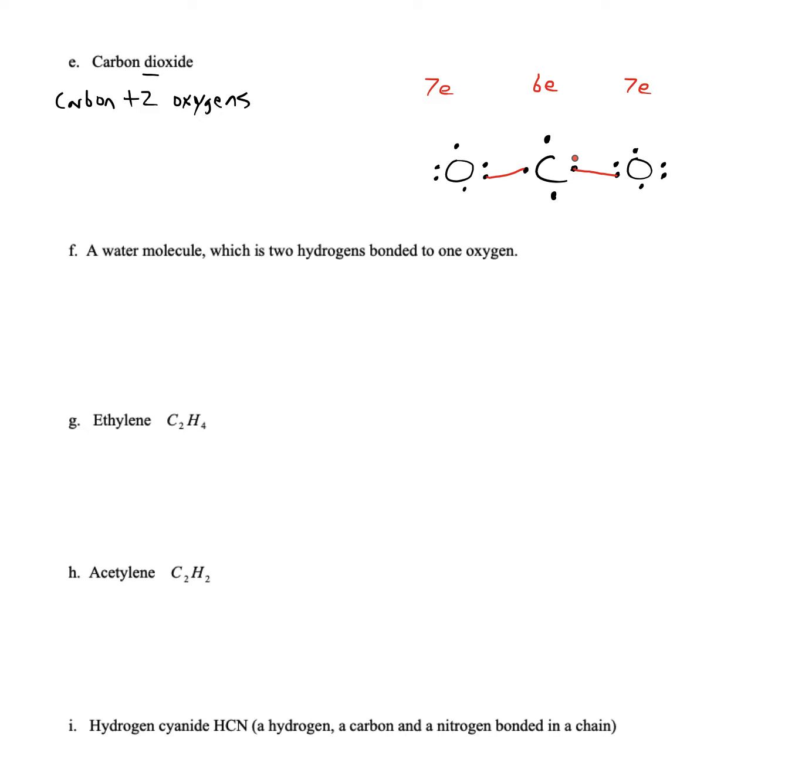So if we go ahead and make one more bond here, and one more bond here, then the puzzle will be complete. If we count them up, we see that carbon is in contact with 1, 2, 3, 4 on the right, and 1, 2, 3, 4 on the left. So that actually gives it a contact with 8 electrons.